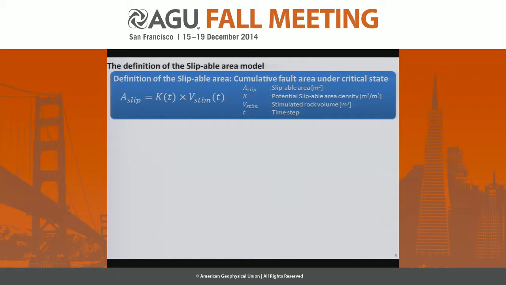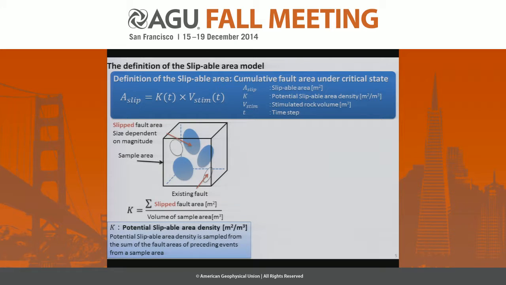In order to estimate the slip-able area, we have to estimate a K value, the potential slip-able area density. Now you have a sample area in a study area, I mean a geothermal field or some reservoir. There should be some existing faults like this, but there is no practical method to measure how large and how many existing faults there are.